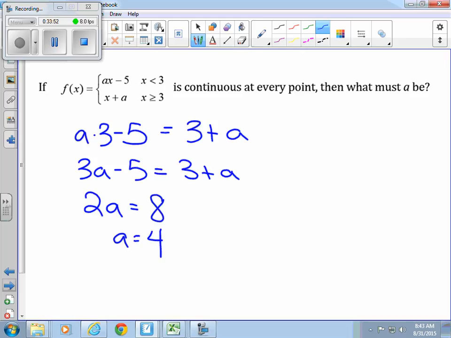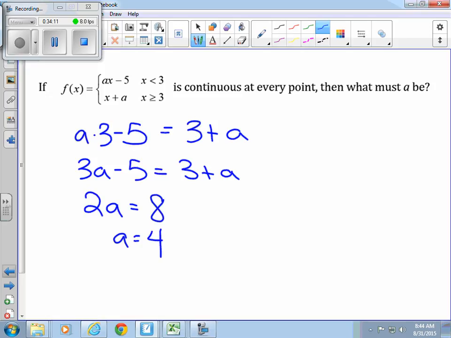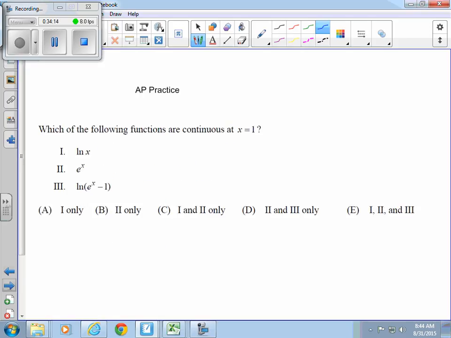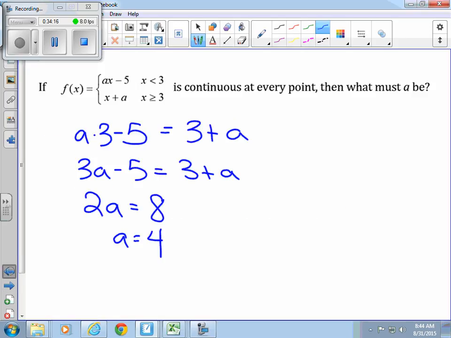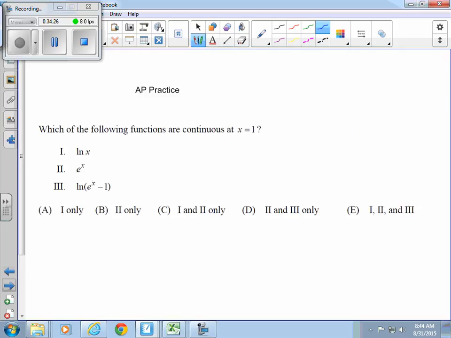It's a lot quicker to mentally tell if it's continuous than to prove if it's continuous. So we love these as multiple choice questions. We don't particularly like them as quick response questions. Sometimes they'll even just ask questions about what values is continuous or not continuous, just multiple choice. The bulk of your AP exam will be multiple choice.